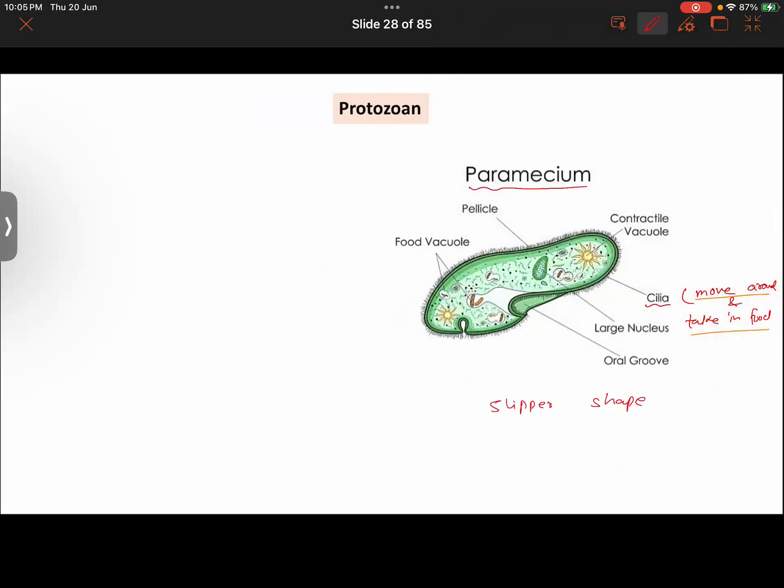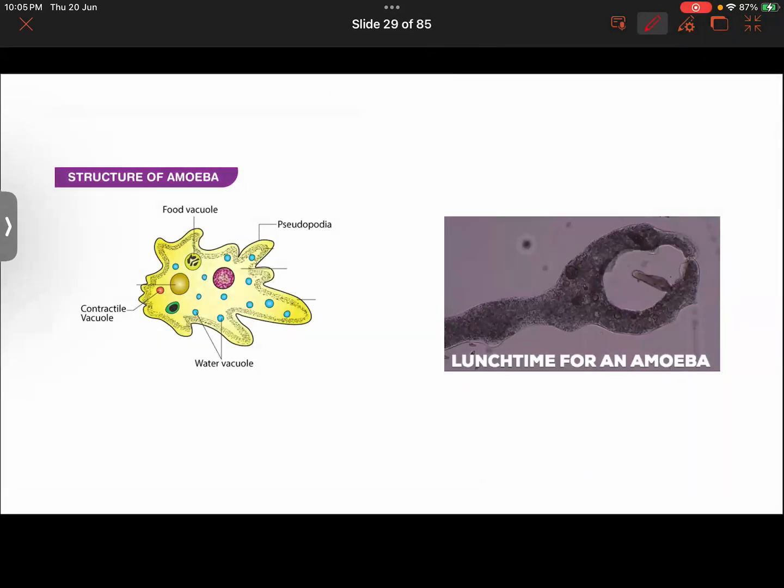Furthermore, if you look at some other protozoa like this amoeba, whenever there is food nearby, whenever there's a prey nearby, like you can see over here, this is the prey and it has been trapped by this amoeba.